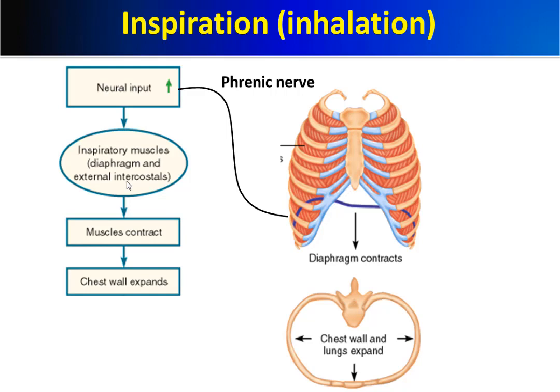The muscles respond by contraction, so the diaphragm contracts and the chest cavity increases in the vertical dimension, and the external intercostals contract, and this increases the chest cavity in the transverse and anteroposterior dimensions, because the contraction of the external intercostal muscles lifts the chest cage upwards and outwards.